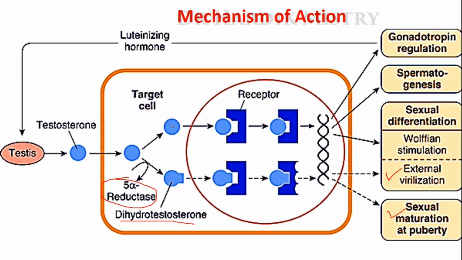The main effect of testosterone is on spermatogenesis, sexual differentiation, and the stimulation of the Wolffian duct. Testosterone also regulates the gonadotropins, and LH stimulates the first step in the synthesis of testosterone hormone. So that is the mechanism of action of testosterone hormone.